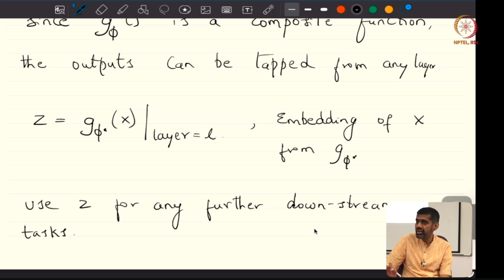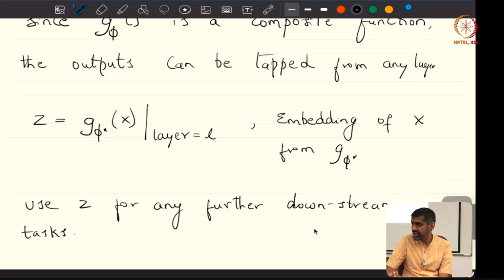It can be supervised, unsupervised. Think of Z as a feature that you have extracted from that neural network and use it for any downstream task. Now this is one form of embedding extraction and transfer learning. Typically this is not what people refer to as transfer learning.